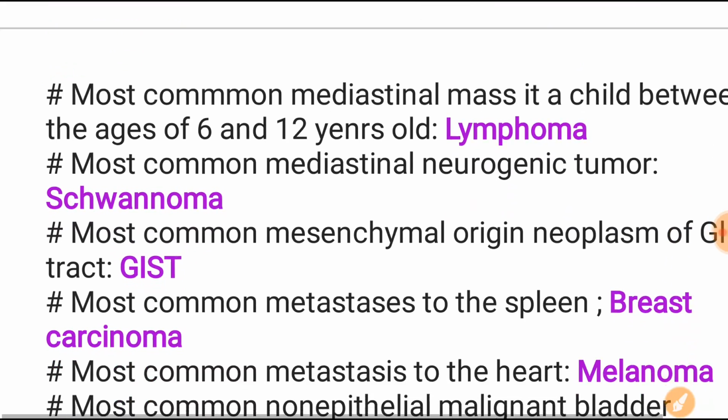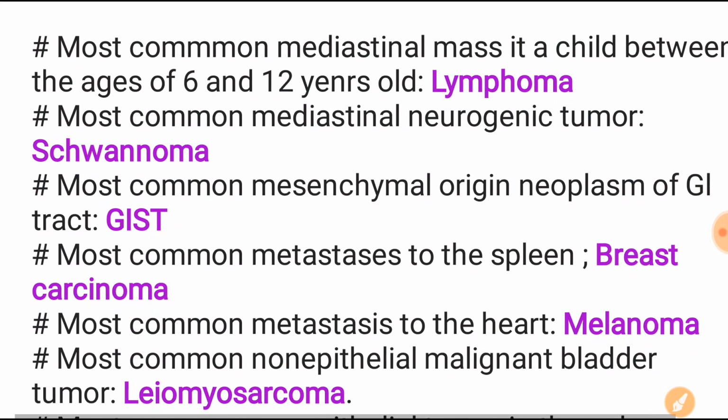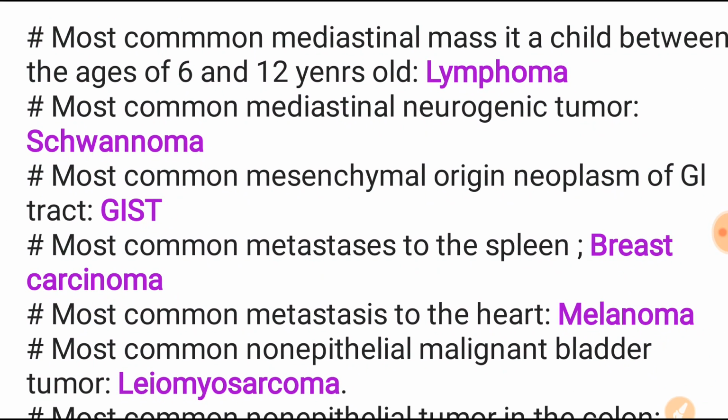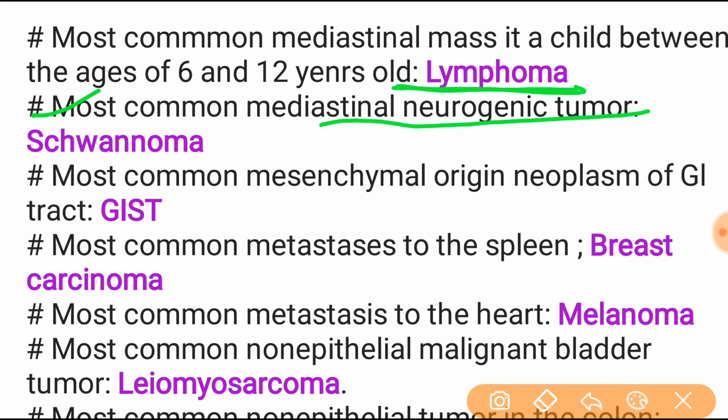Next is the most common mediastinal mass in a child between the age of 6 and 12 years old, which is the lymphoma. The most common mediastinal neurogenic tumor is the schwannoma. This is also important.